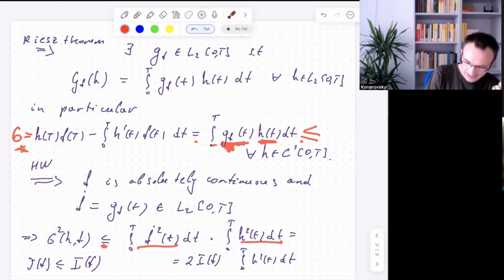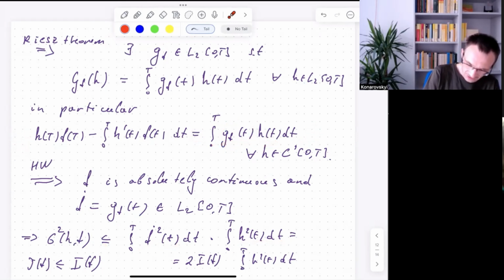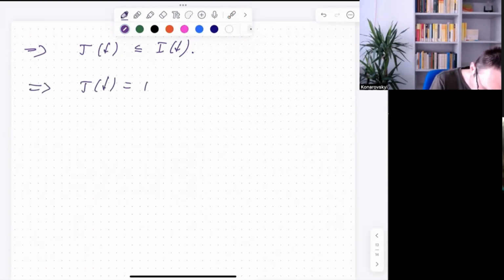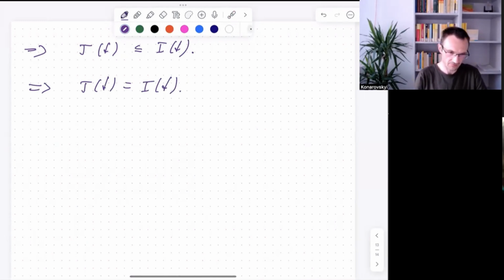So therefore, the function for which you have this equality, you can approximate by continuously differentiable functions, which will give you the equality. And this is the reason that you will have the equality I of f. So, it is how you prove the equality.